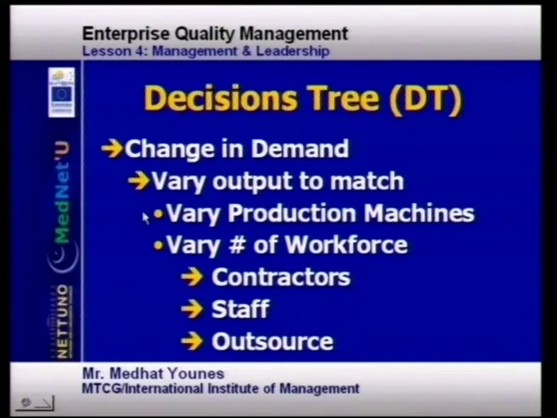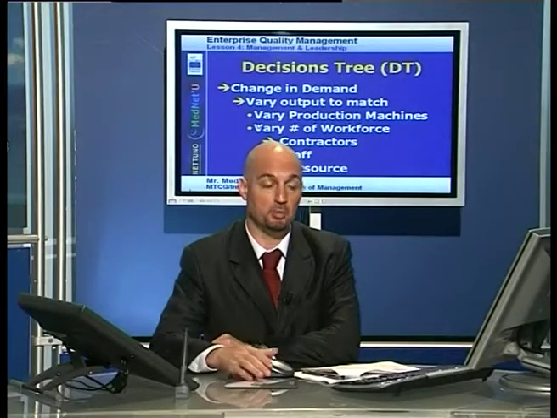So the manager has options to vary the production machines by buying new machines, or by working the machines more time, or by considering automation to speed up the production.